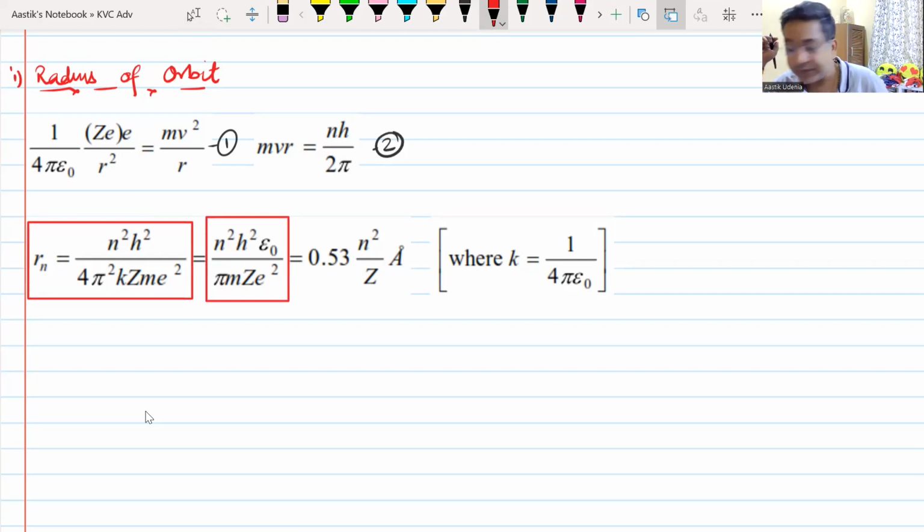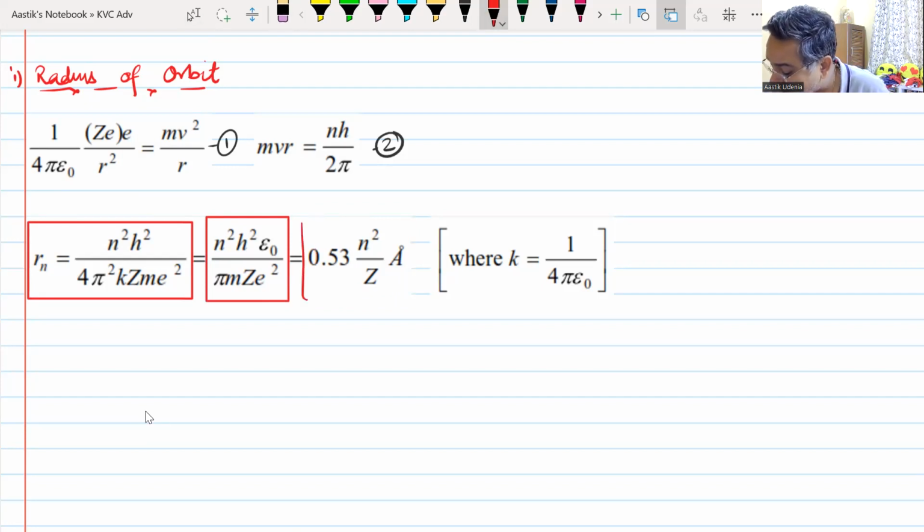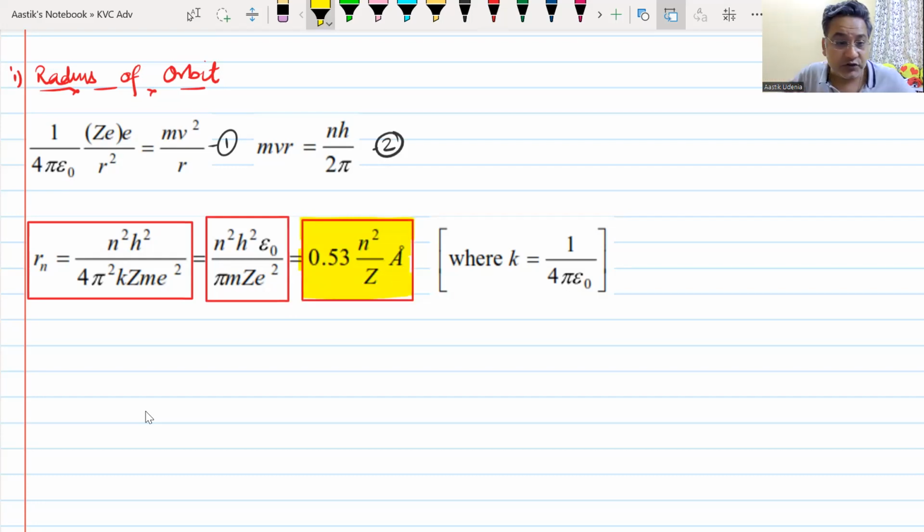If I convert the value of k into 1 by 4 pi epsilon naught, and put the values of all these constants, you end up with 0.529 n square by z in Armstrong units. Do we understand this? Yes. Now from here you must remember that this r is directly proportional to n square and inversely proportional to z. Do we understand this?